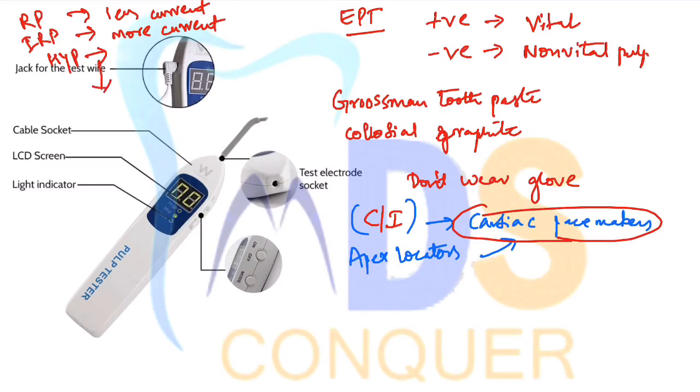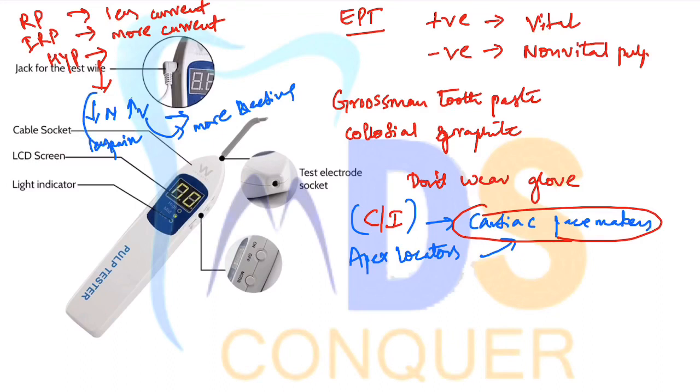When we talk about the diseases of the pulp, I'll discuss hyperplastic pulpitis in detail. What happens in hyperplastic pulpitis is that the number of nerves decreases, whereas the vascular supply increases. That's why there is less pain and more bleeding. Whenever you touch it, it bleeds fast.